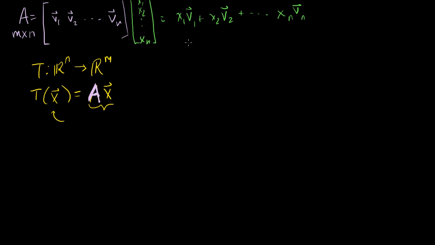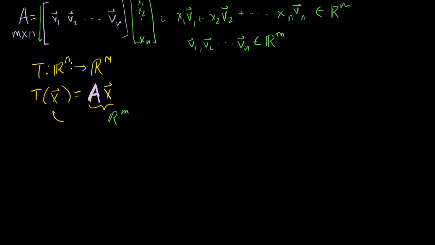And each of these column vectors, what set are they members of? Well, this is an m by n matrix, so the matrix has m rows, and each of these column vectors will have m entries. So all of these guys are members of Rm. If I take a linear combination of all of these guys, I'm going to get another member of Rm, another vector.